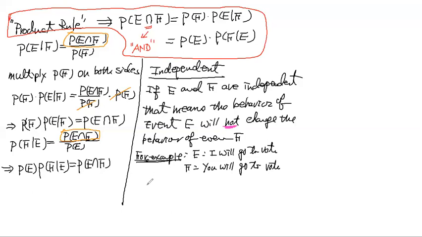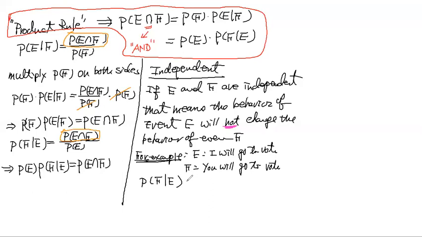So if the probability that I will go vote is 80%, it will not change whatever the probability is that you will go vote. If you ask what is the probability you will go vote, given that I will go vote, whether I go vote or not doesn't matter. It will not change you.